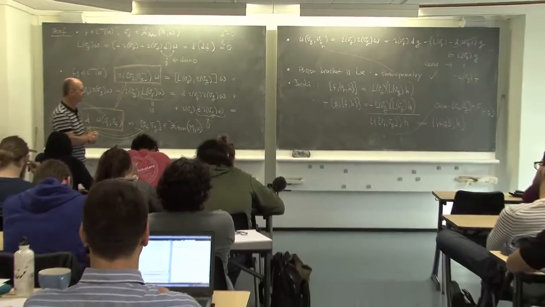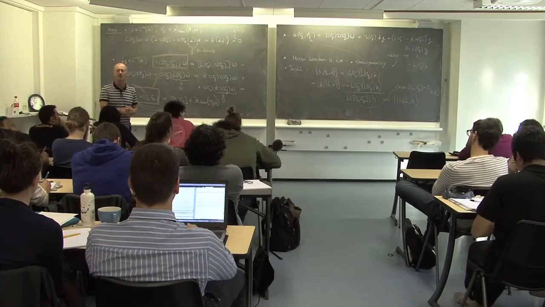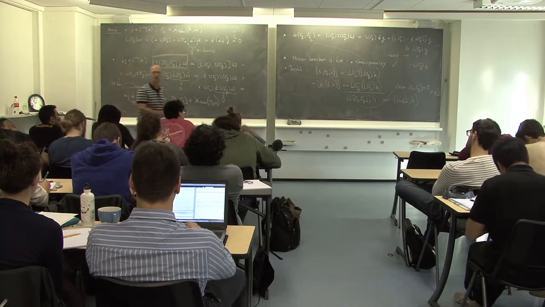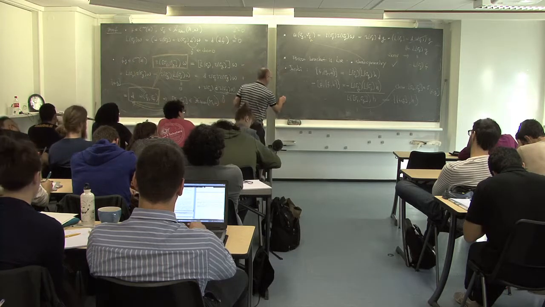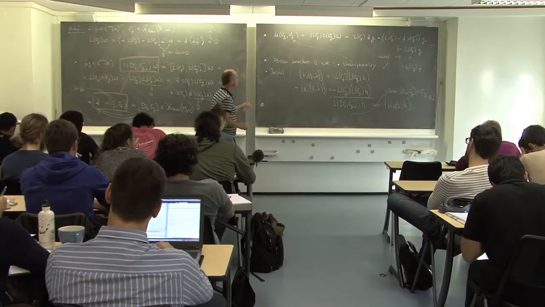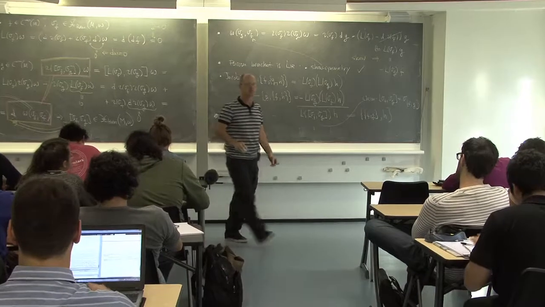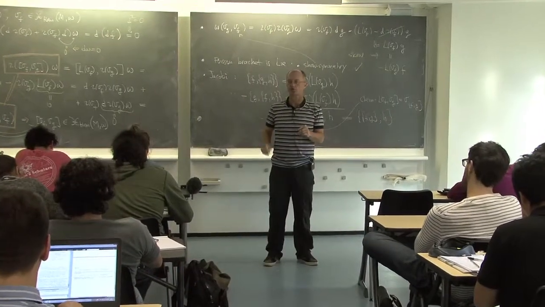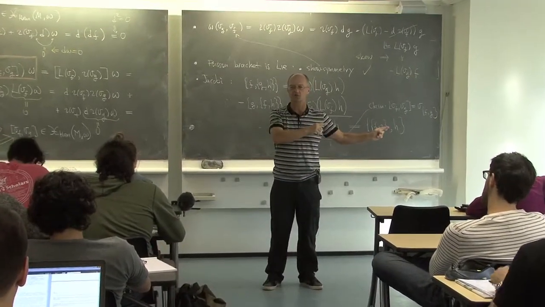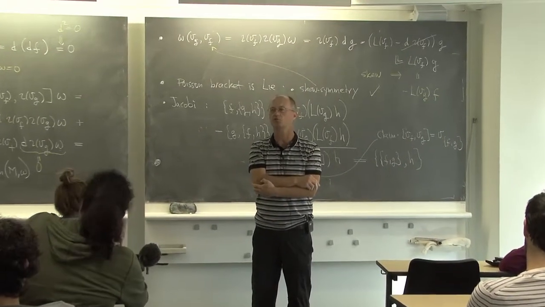And yeah, we are 5 minutes over time. Let me just say one more phrase to finish the proof. There was one more point that we haven't covered. We proved that the Poisson bracket is a Lie bracket, and now we should show that the map from functions to the corresponding Hamiltonian vector fields is a Lie homomorphism.